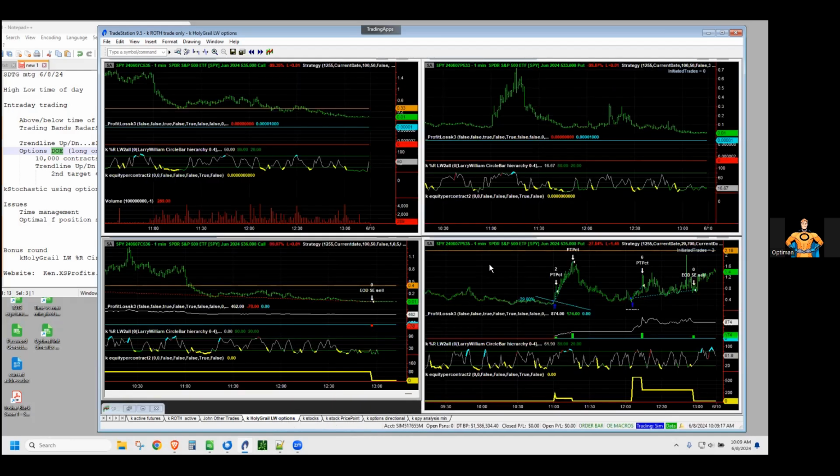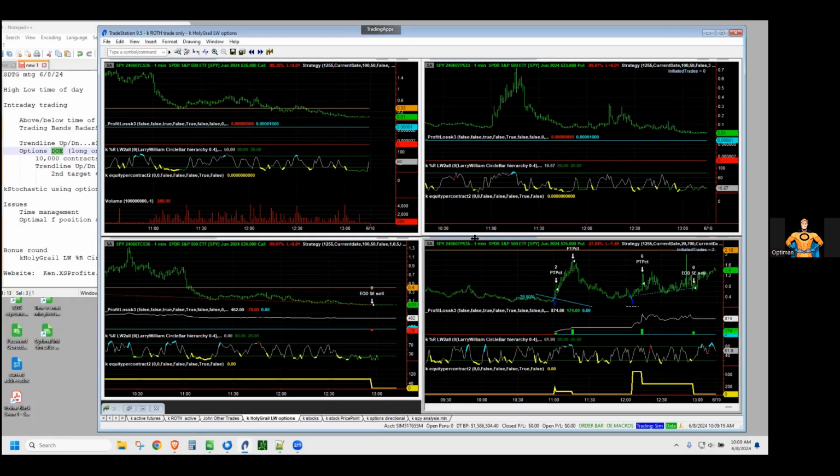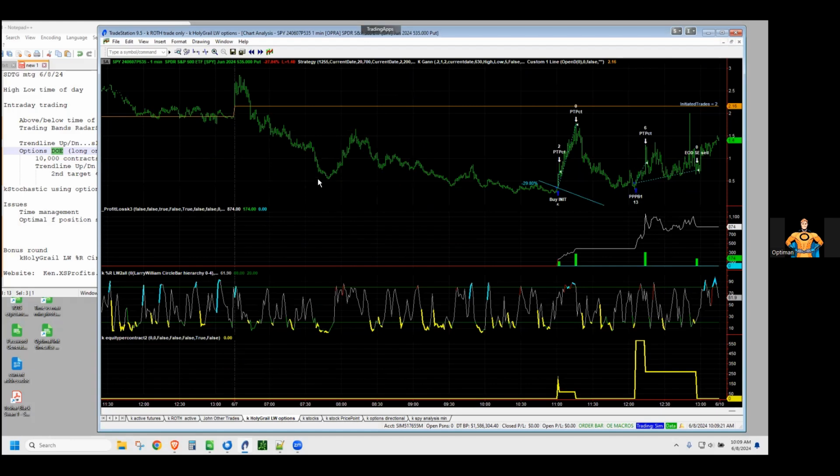And here is, for example, SPY that same day, right? So here it is coming down, the price action is coming down. And I said, okay, here's a really nice downdraft. So I basically used my trend line on options. So this is a $535 option.